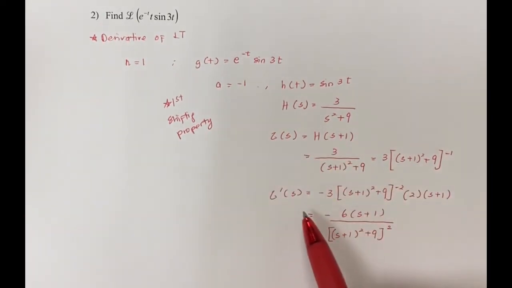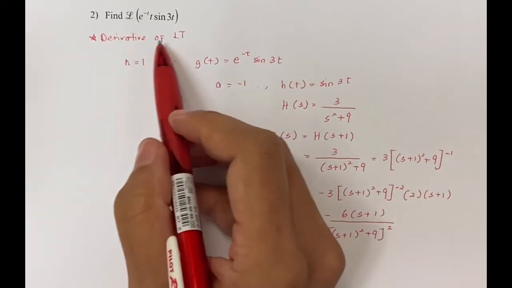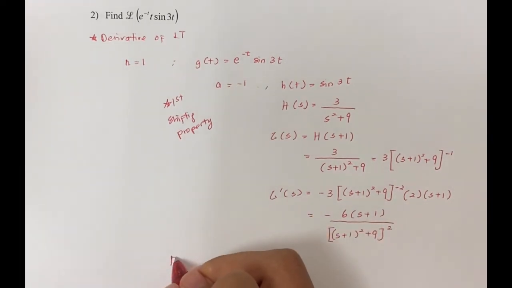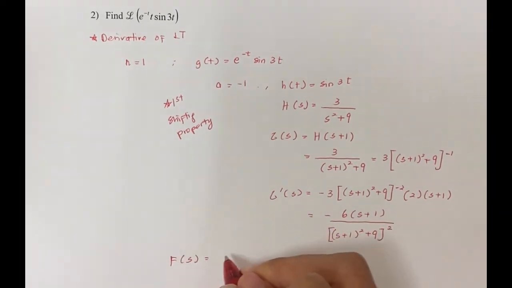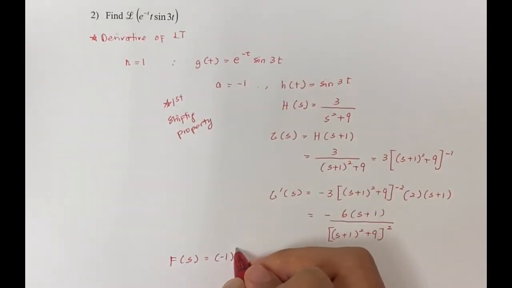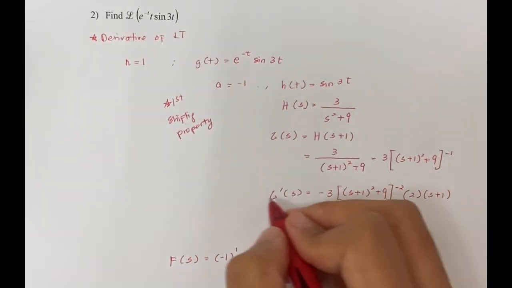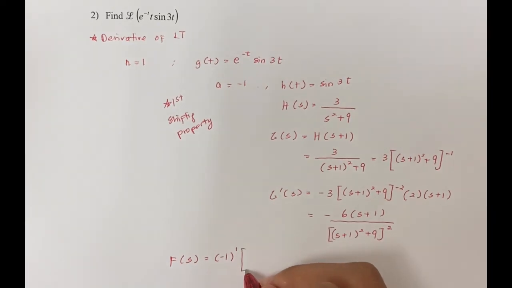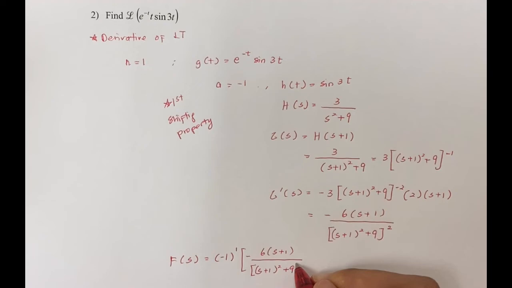So you have g prime(s). Using the derivative of the Laplace transform, F(s) is equal to negative 1 to the power of n, where n is equal to 1, and then multiply by g prime, which is negative 6(s plus 1) divided by ((s plus 1) squared plus 9) squared.